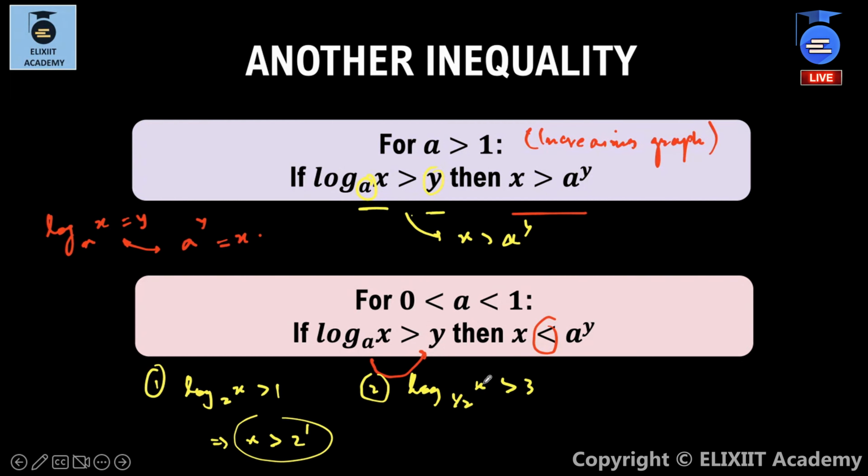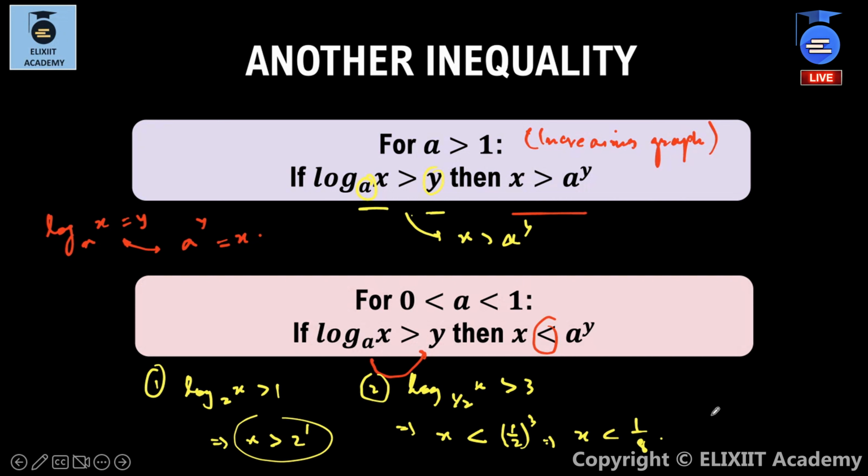So what are the values of x satisfying this inequality? Obviously, the values of x in this case will be x less than, since the orientation will change, half cubed. Half cubed is 1 by 8, which means x is less than 1 by 8.